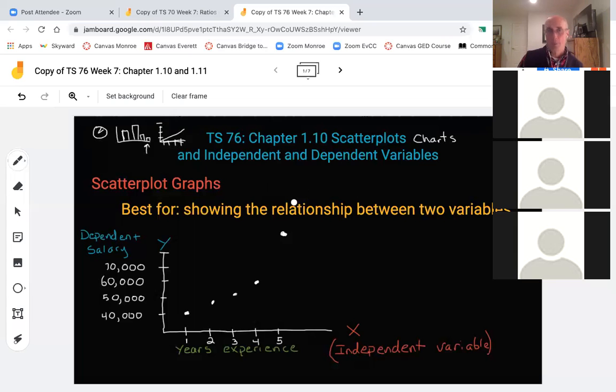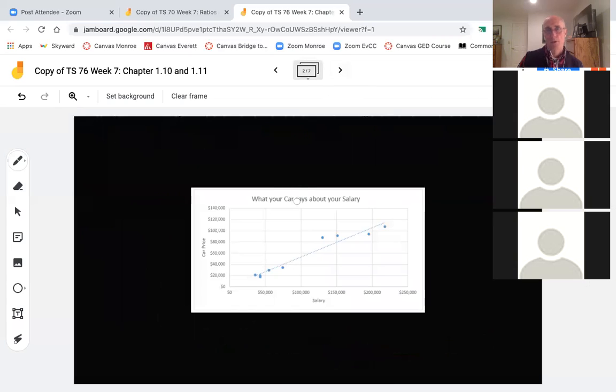The reason why they call it a scatter plot is you'll often see little data points looking like they're scattered across the chart or graph. To give you another example, don't worry about copying this down, but I've got a chart that says what your car says about your salary, and supposedly people that make 50,000 or 100,000 or 150,000, this is how much they spend on their cars.